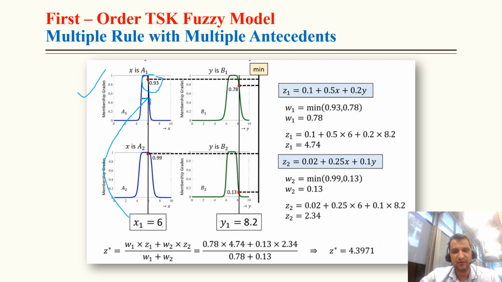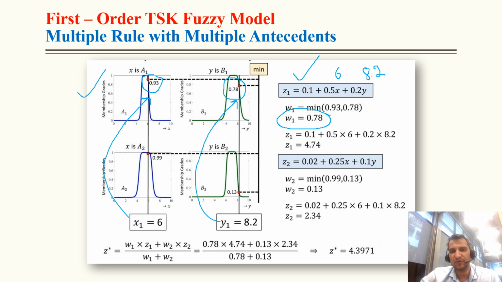Now when y is equal to 0.82, the degree of compatibility is 0.78, right? And right now we have to consider the minimum of them, and the minimum is equal to 0.78, and this is the z1 which is known to us, and we have to put the value of x equal to 6 and y equal to 8.2, because for this input I want to calculate my output.